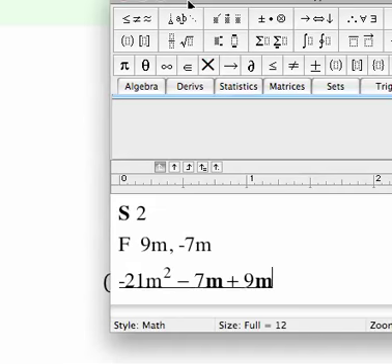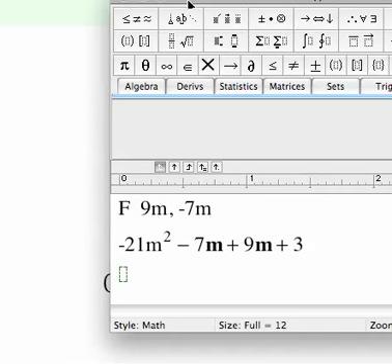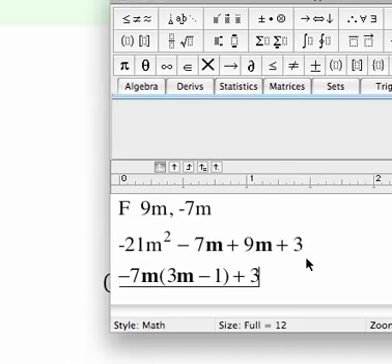plus 3. So we're grouping the factors, and what's common with the first two is -7, and we're left with 3m plus 1.